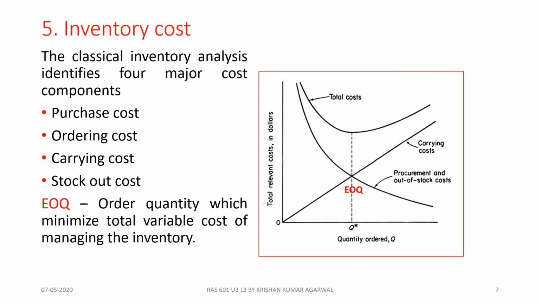When we talk about holding or carrying cost, it is the cost incurred due to maintaining the inventory in the organization, and it involves costs like insurance cost, rent of the building, pilferage or theft of the material, and it is generally expressed as a percentage of inventory value.